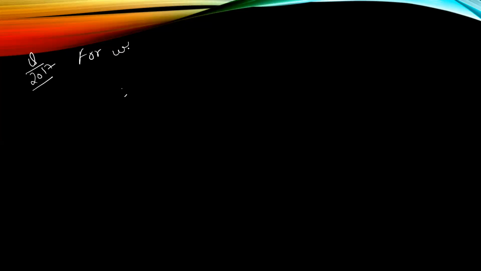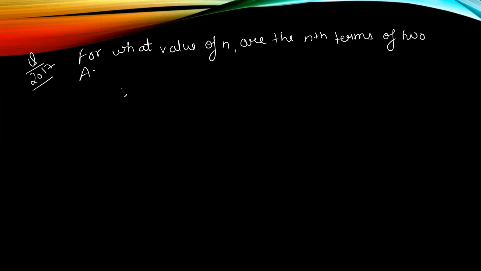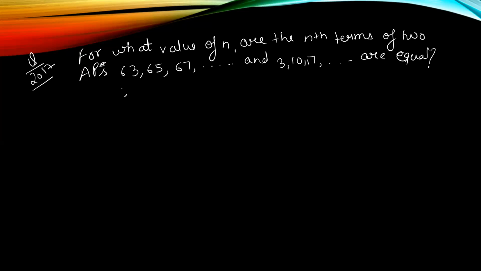For what value of n are the nth terms of two APs, 63, 65, 67 and so on, and the other AP 3, 10, 17 and so on, equal? So how you're going to solve the problem? Let's quickly solve.